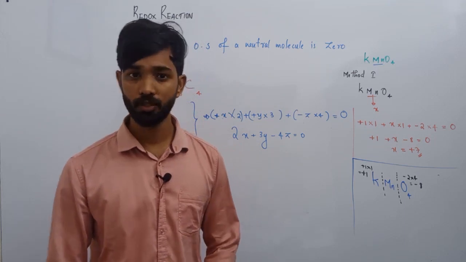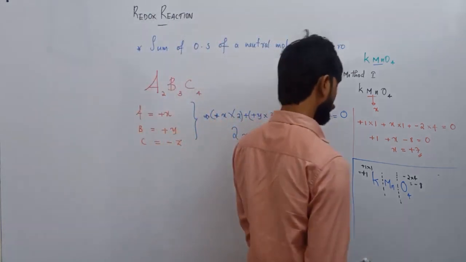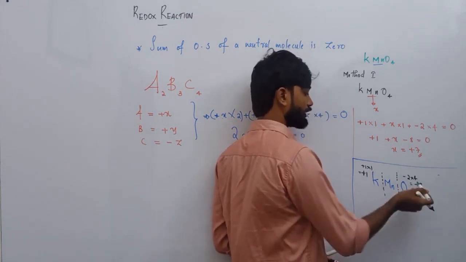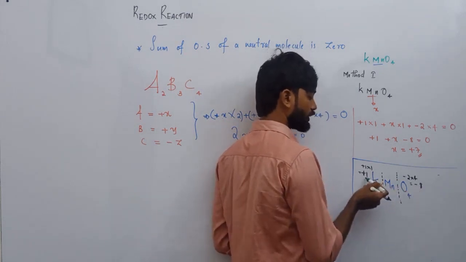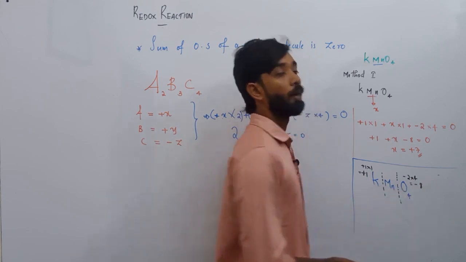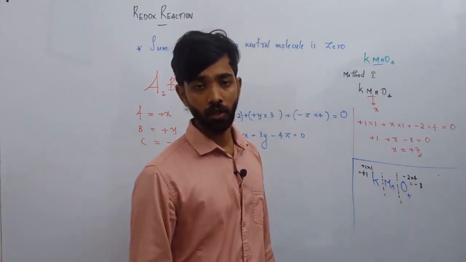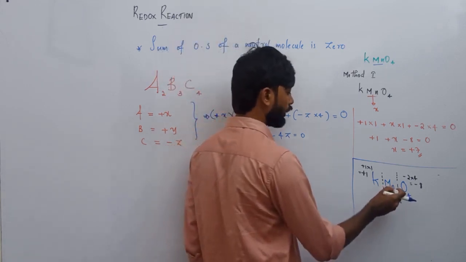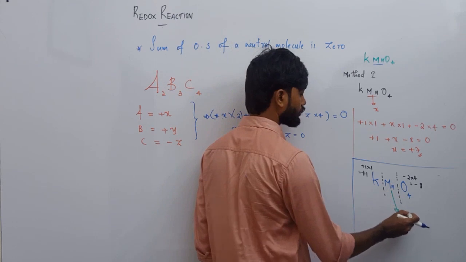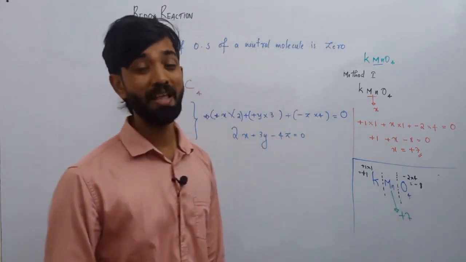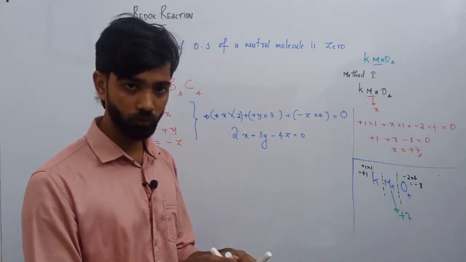The net excess charge is -7, so your manganese should offer +7. Then only it becomes 0.